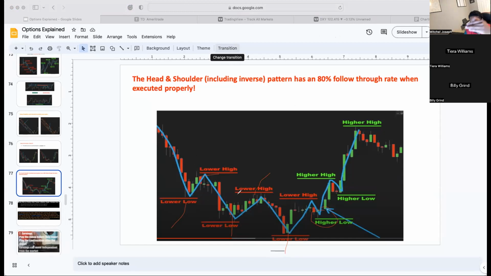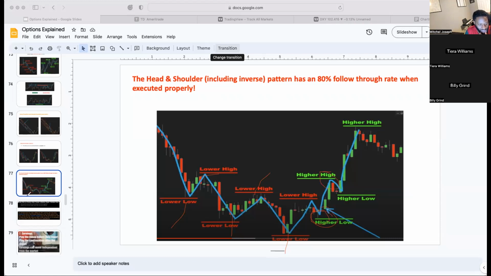Look, the whole time it was lower lows, lower highs, lower lows, lower highs. But then for the first time, it starts to make higher highs. That starts to signify the reversal. But it's not official until you get the higher high. You guys understand that? Now you effectively have a higher low and a higher high.